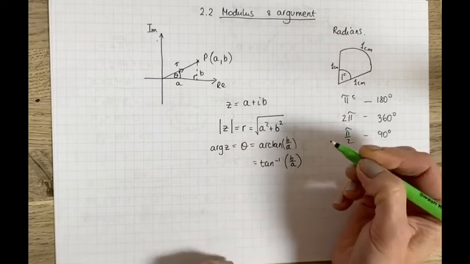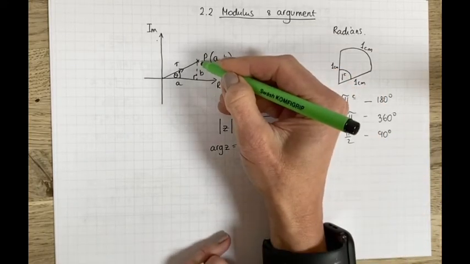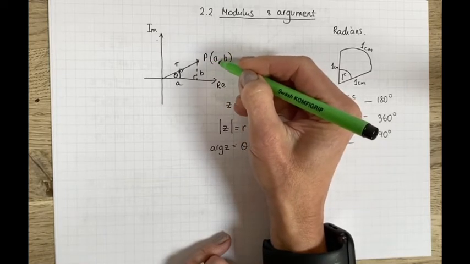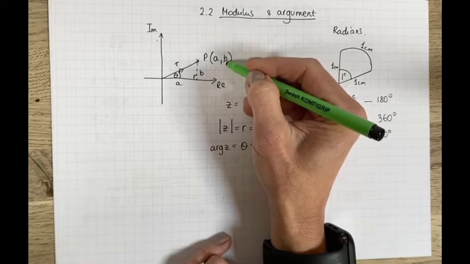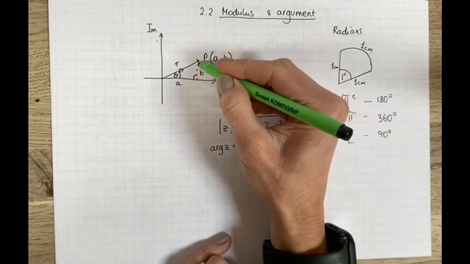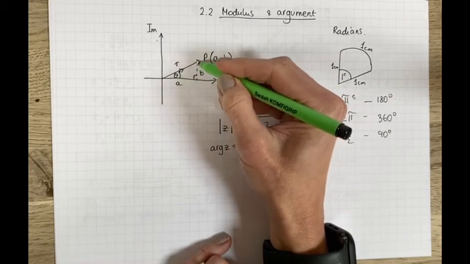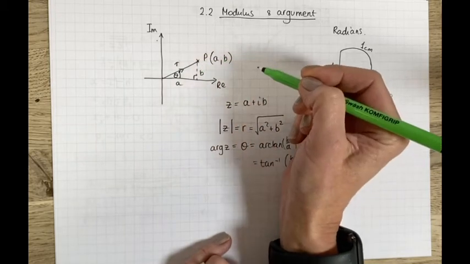There you go. So to describe this complex number with real part A and imaginary part B, you can also do that by giving its modulus and argument.